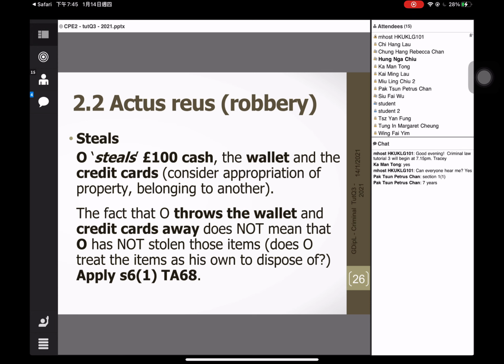So, appropriating the cash, this is the actus reus: appropriation of cash or wallet, credit cards belonging to another. The cash would belong to the man, the wallet would belong to the man. Actually, the credit cards would belong to the credit card company. It probably says on the back that the credit card issuing company retain ownership in the credit card.